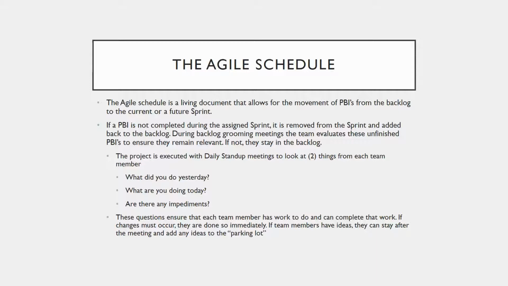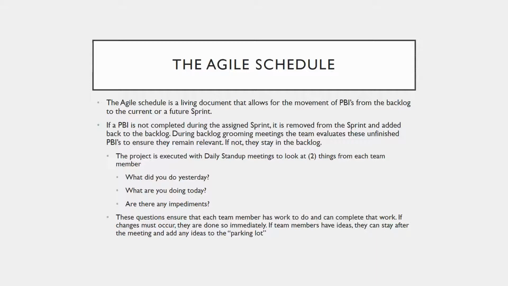Moving things in and out of the backlog into sprints, and taking things that are not in the backlog, they might be in a sprint, they didn't get completed, those go back to the backlog, and we'll explain why in a minute. So if a PBI is not completed during the sprint, it's removed from the sprint and added back to the backlog. Usually the end of a sprint ends with a sprint retrospective meeting.